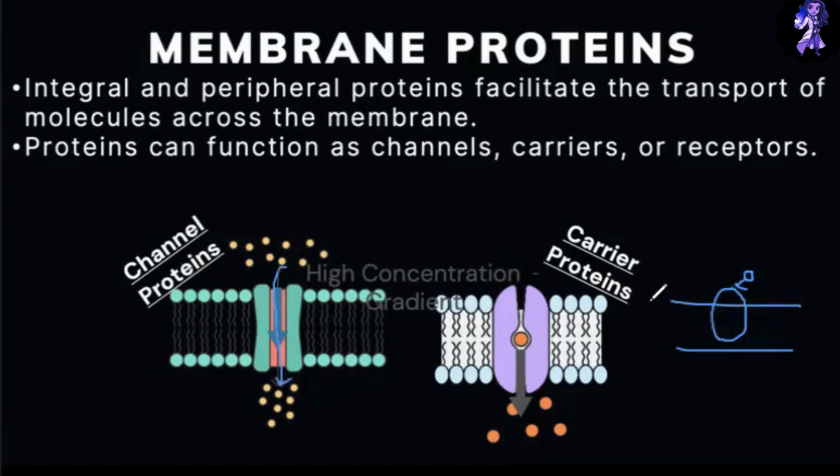Or we can have carrier proteins, which means that there is some sort of carrying of an item through the protein to go from one area to the next, from the outside or inside of the cell to the outside or inside of the other cell. So make sure that you understand that it's just moving from either inside to outside or outside to inside.